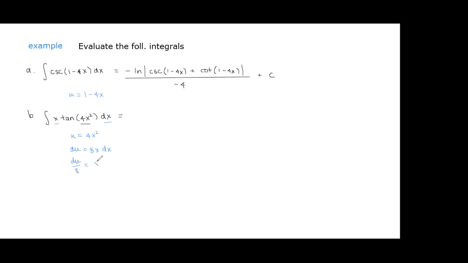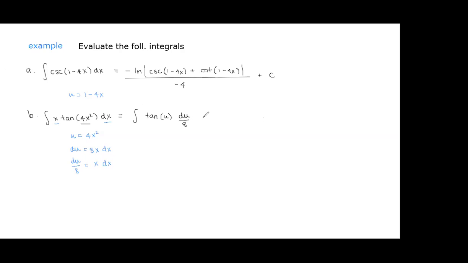So this is x dx. Which means that at this point, I'm going to replace tangent of 4x squared as tangent of u, and then x dx can be replaced by du divided by 8.